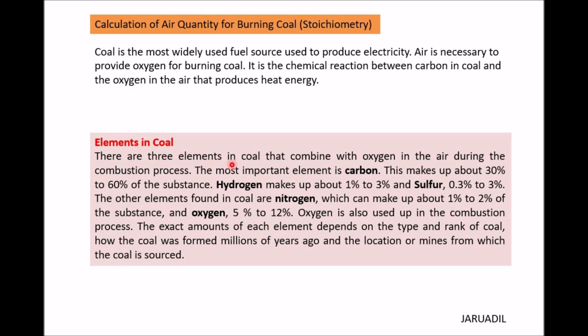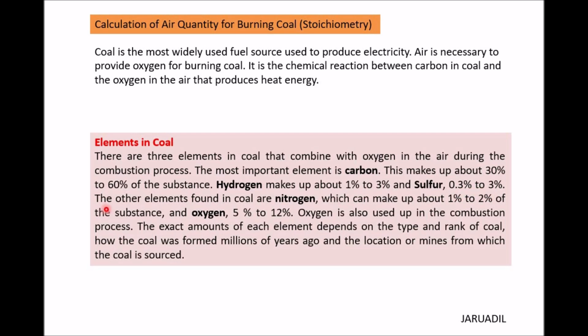There are three elements in coal that combine with oxygen in the air during the combustion process. The most important element is carbon. This makes up about 30% to 60% of the substance. Hydrogen makes up about 1% to 3%, and sulfur 0.3% to 3%.